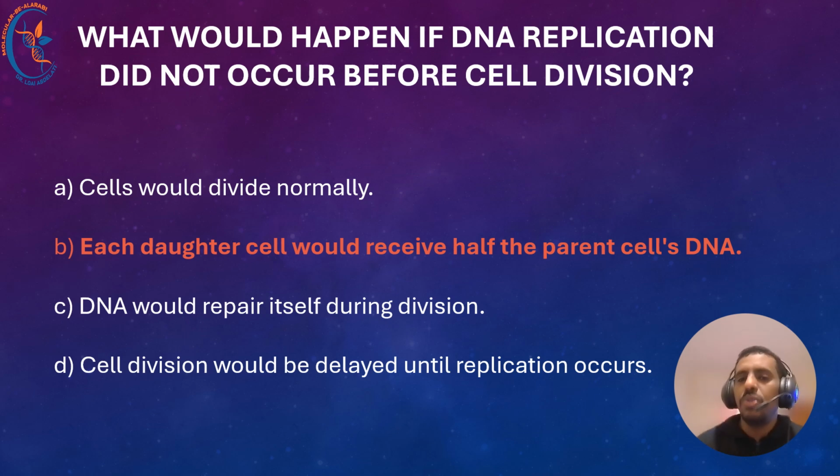Leading to what? Leading to incomplete or missing genetic structure. This would prevent the cell from functioning properly, and it can also lead to cell death, dysfunction, or genomic instability. Okay, so let's move on to the next question.